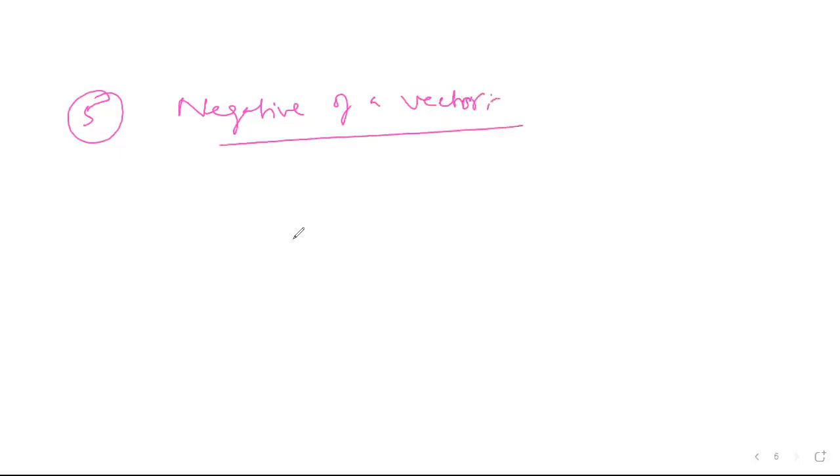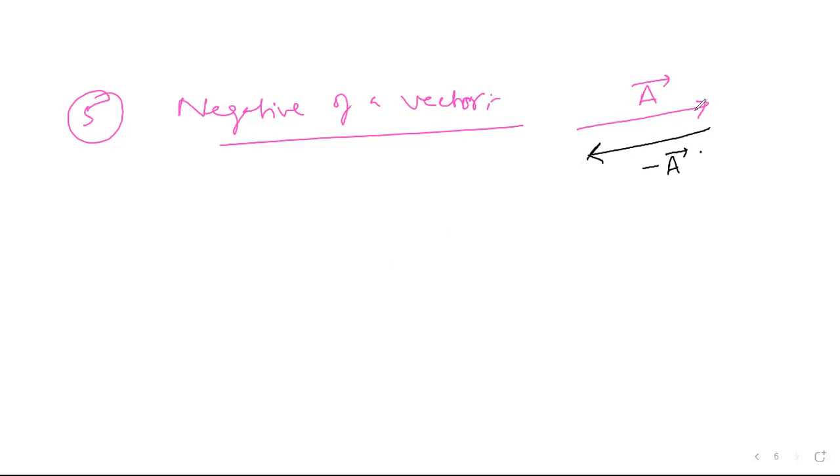What is negative of a vector? Negative of a vector is a vector which has same magnitude as that of a given vector but is oppositely directed. That means if this is A, minus A is that vector which has same magnitude as A but opposite direction. Right?